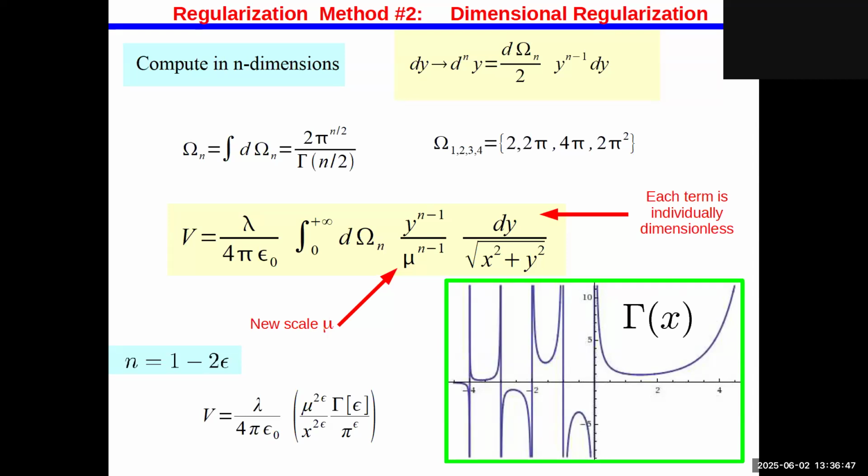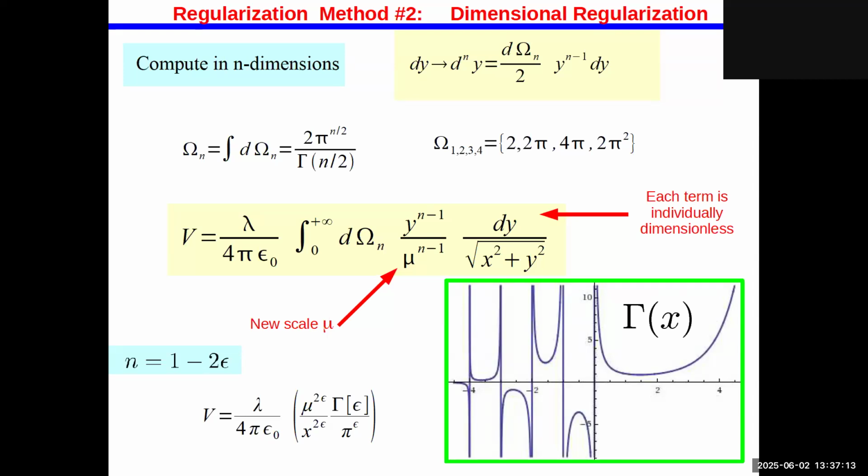I need another dimension in the problem. So it's not enough just to wiggle my dimensions from 1 to n. I need another length in the problem so I can make this dimensionless. Just like in the cutoff case, where I introduced a length scale L, in this case I'm introducing a new length scale mu so I can keep that dimensionless. I cannot avoid that.